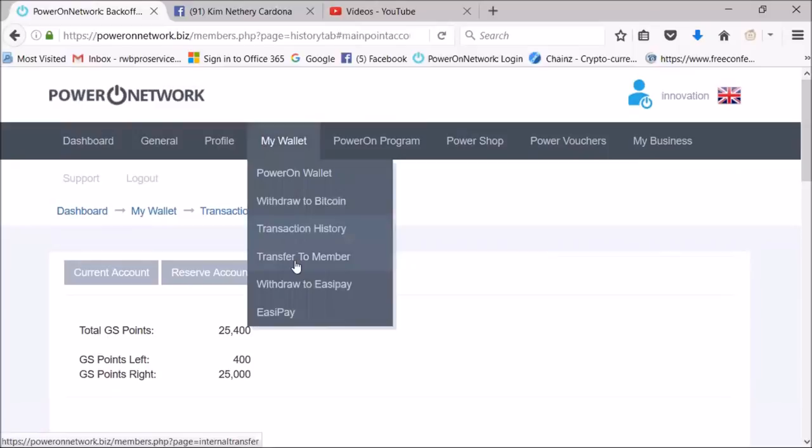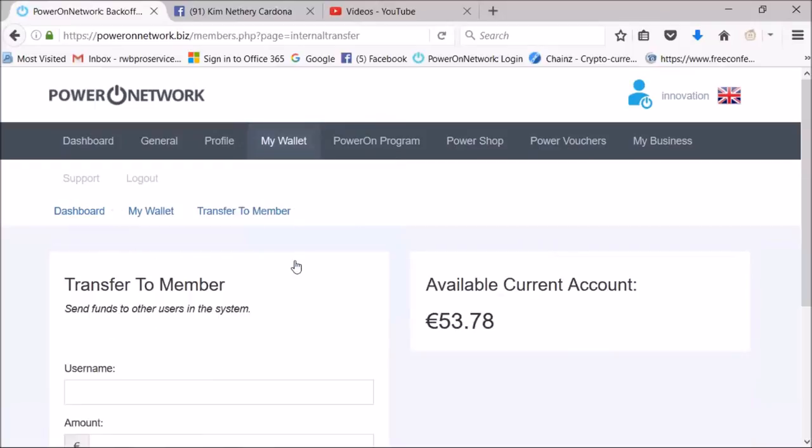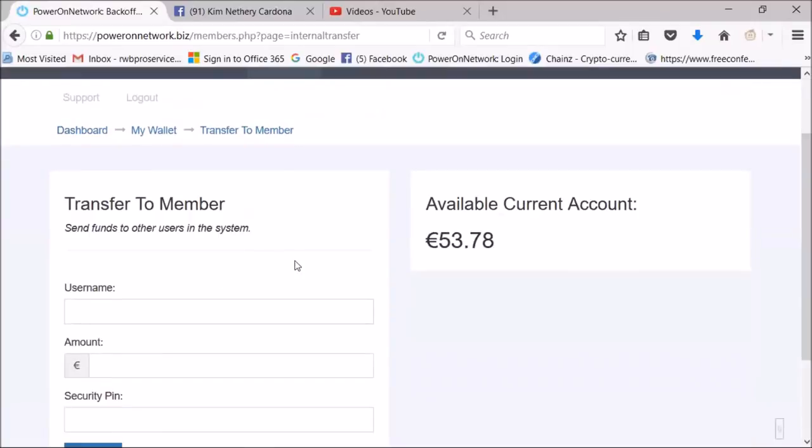The last thing is that if you want to transfer to a member, which means that you want to transfer money out of your current account. So if I wanted to, I could pick somebody. I'd have to know their username, so you can't put in a bad username. You put their username in. So if I wanted to transfer $53.73, I would put that down here.